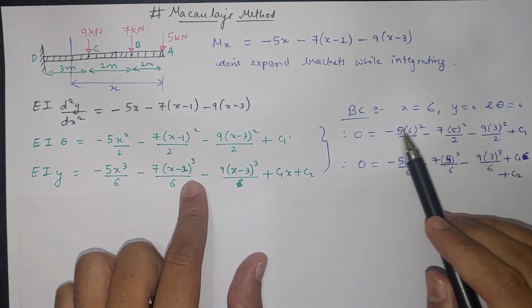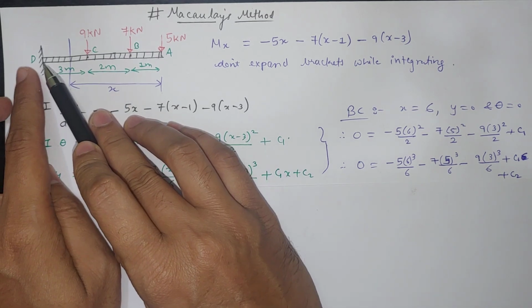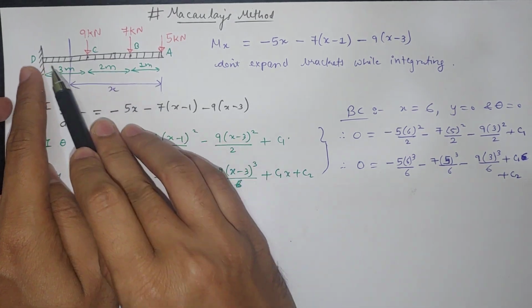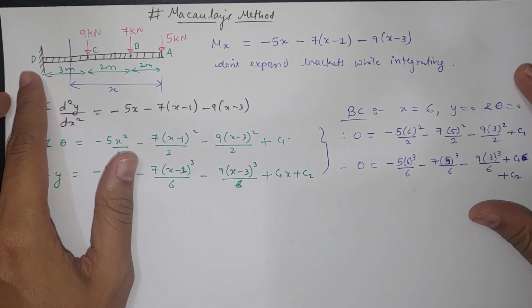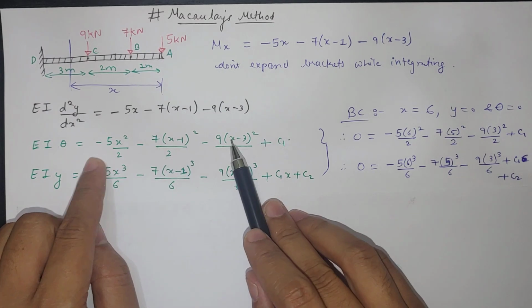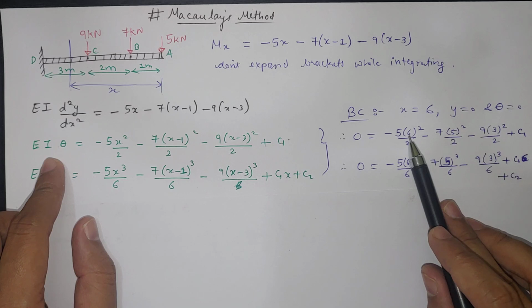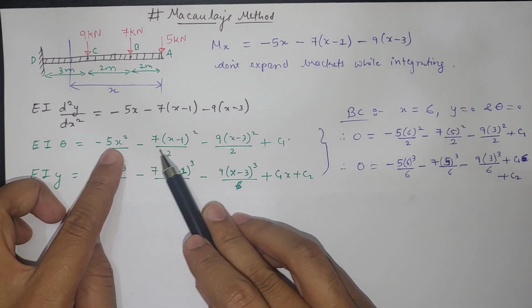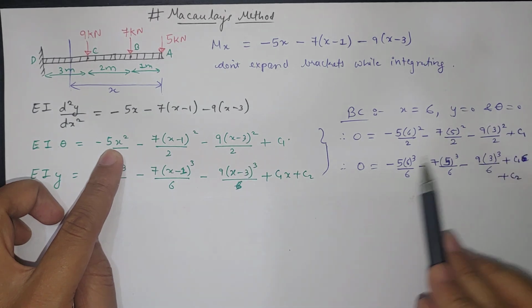Now for boundary condition, you see we know that at x equals L, means x equals 6, 1 plus 2 plus 3 is 6, deflection and slope will be 0. So from this, if we put x equal to 6 and theta and y equal to 0, we get these two equations where x equal to 6. So 6 here, x minus 1 will be 5, x minus 3 will be 3, plus C1.